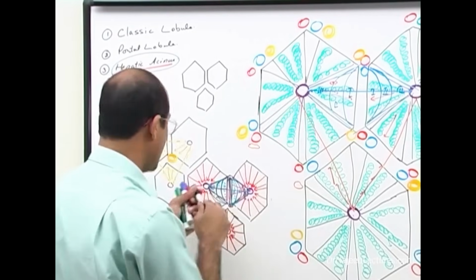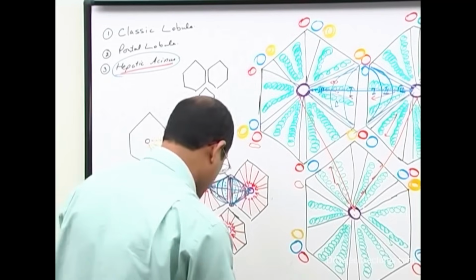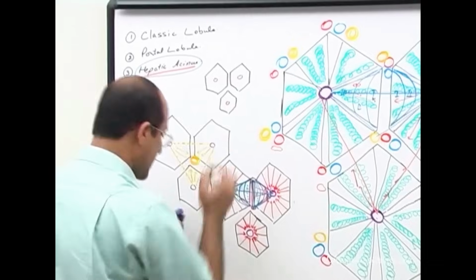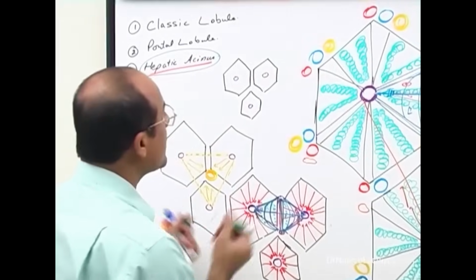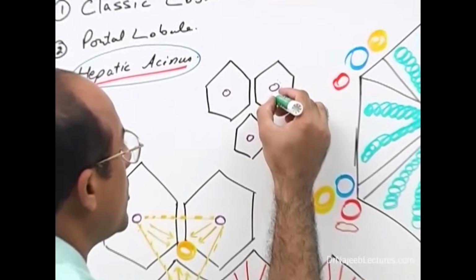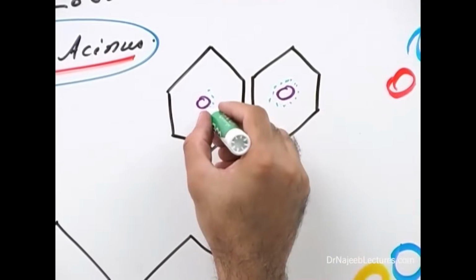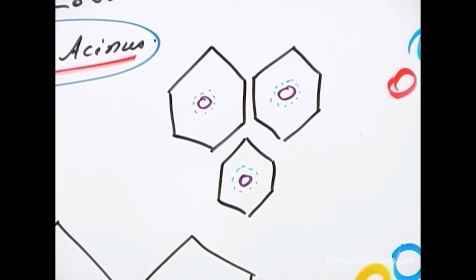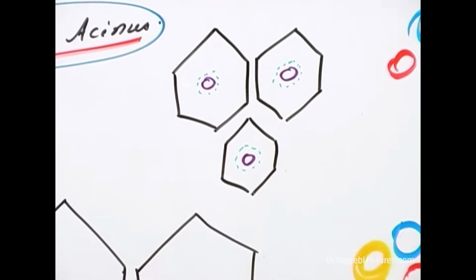Pericentral hepatocytes. Now, if someone has congestive cardiac failure, these are the hepatocytes which will undergo severe ischemic injury. Is that right? Because they are in zone number 3.